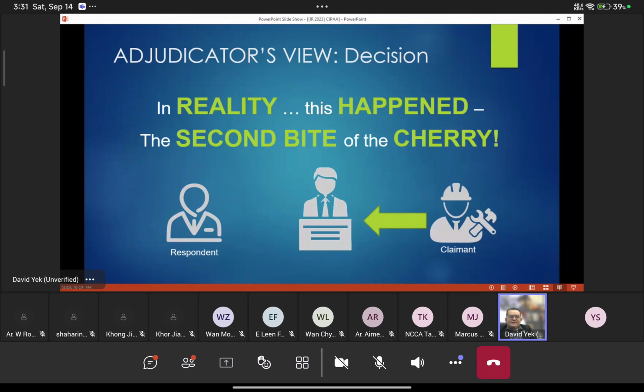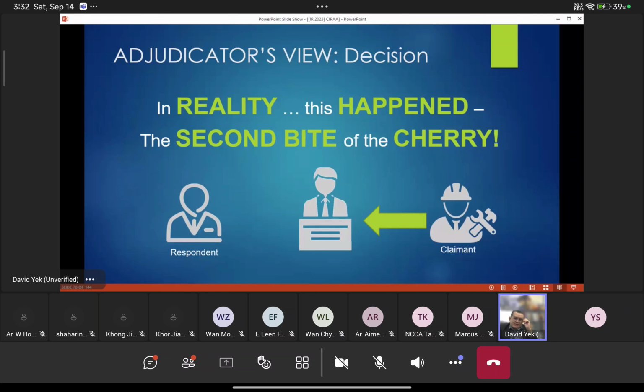this thing happened. Okay, this is what we call the second bite of the cherry. That means to say, in reality, when the adjudicator closes the adjudication and says that I need 45 days to come up with a decision, the respondent may submit another request.